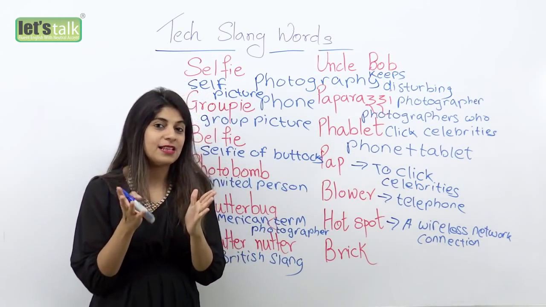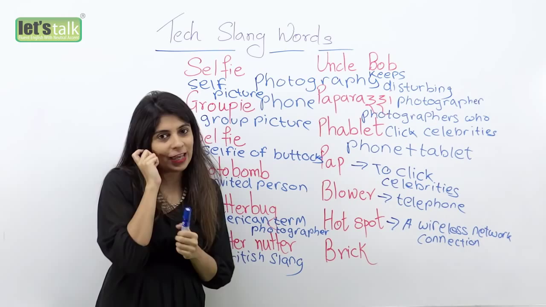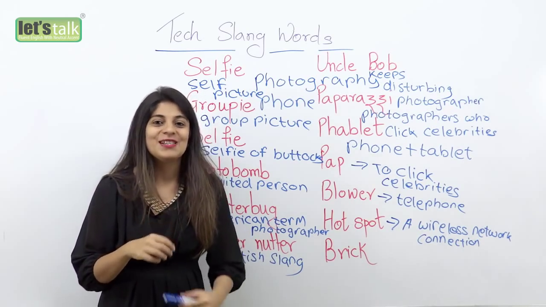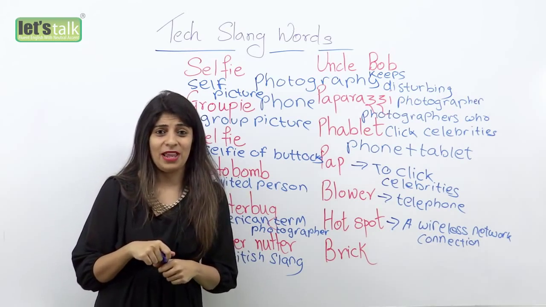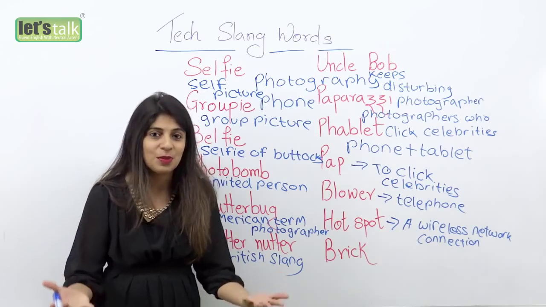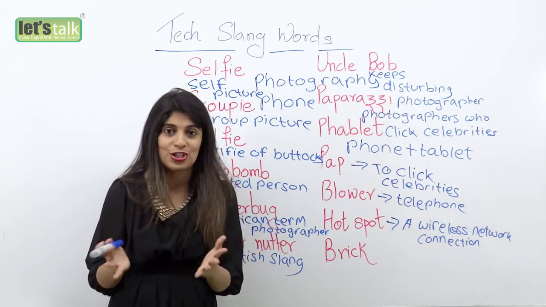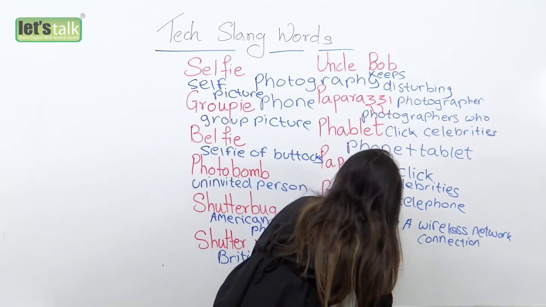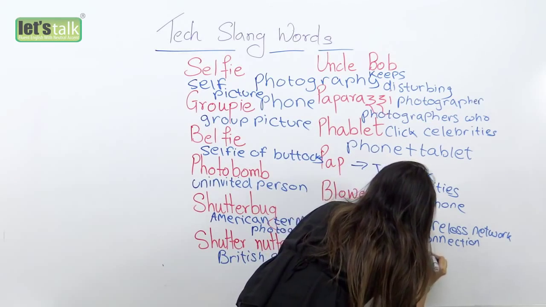So these phablets are huge. So when you're talking, it just feels like you're holding a brick to your ear. So many people say, oh my God, look at your phone. It's a brick. Which means that your phone is huge, it's big. And most probably it's a phablet. So brick is a big phone.